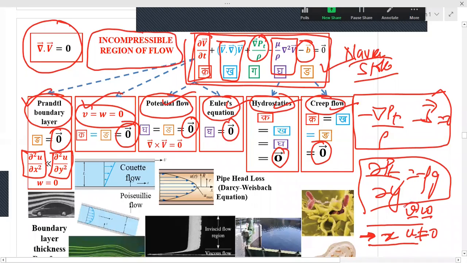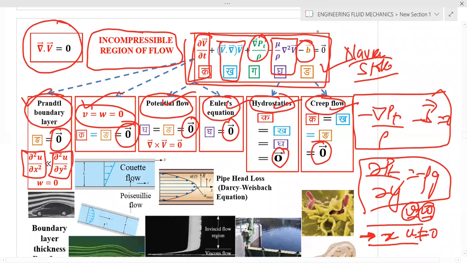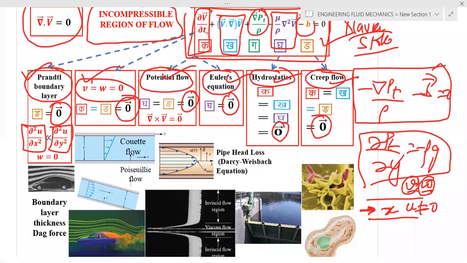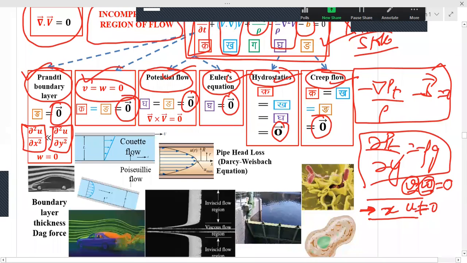Do you think you have V and W components of velocity here or not in case of laminar flow? Ayush? Yes, sir. What do you think? There should be certain value of V or W, it should be equal to 0. Sir, it should be equal to 0.